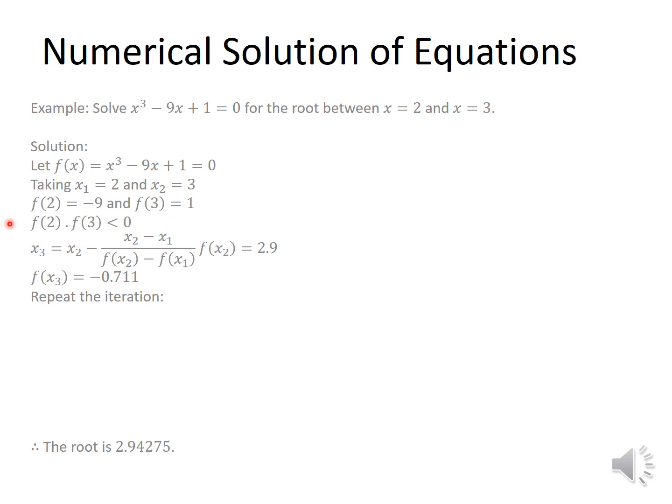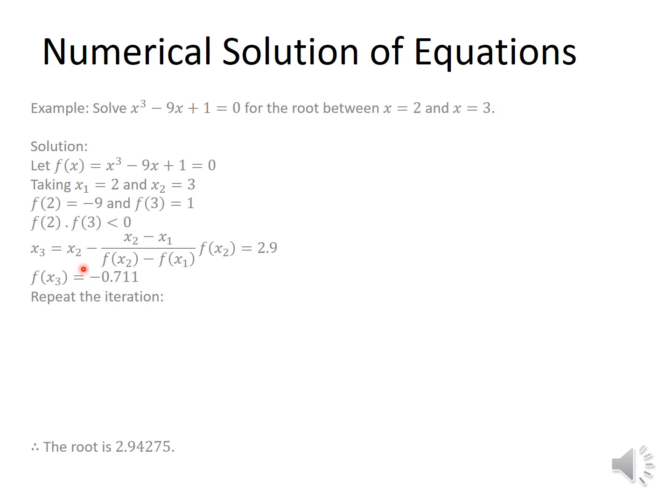So f2 multiplied by f3 is negative 9. So we have verified the root is between x equal to 2 and x equal to 3. After we confirm, we use the formula to approximate x3.